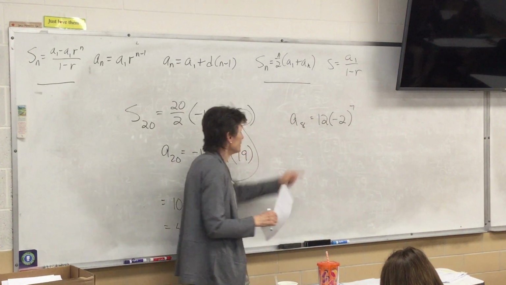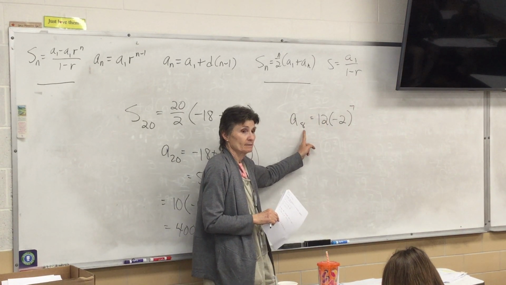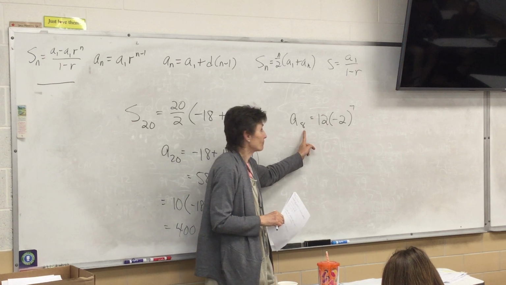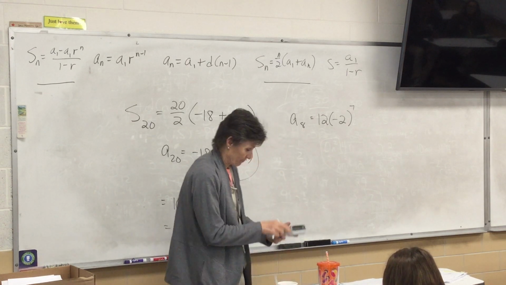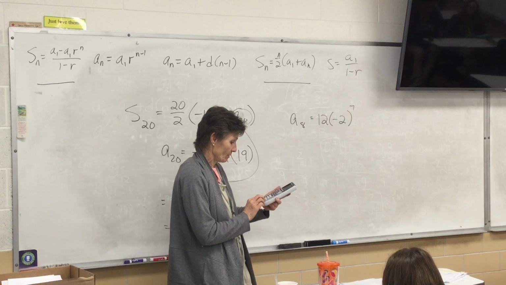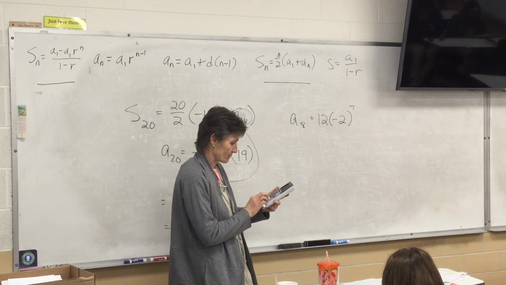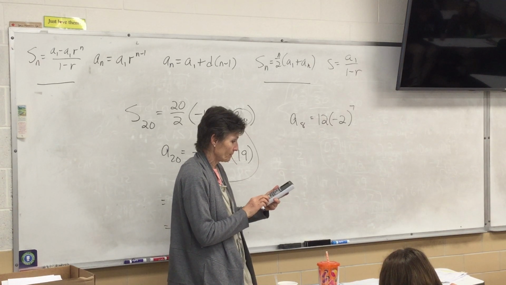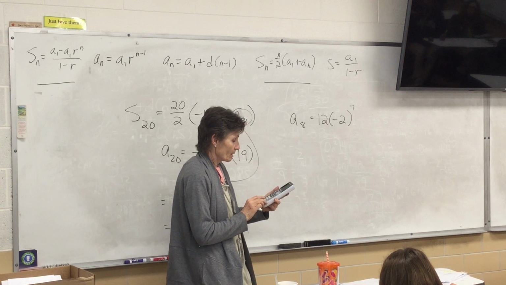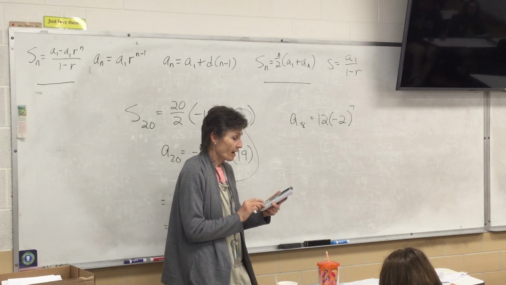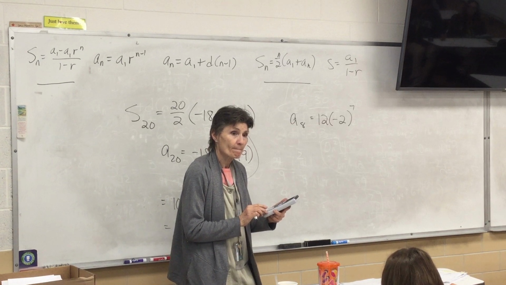Because n is 8. And you get negative 1,538. Oh, you got it already? Good deal. Just kidding. I could be wrong. You could be wrong. Or I got it right. What did you say you got? Negative 1,538.